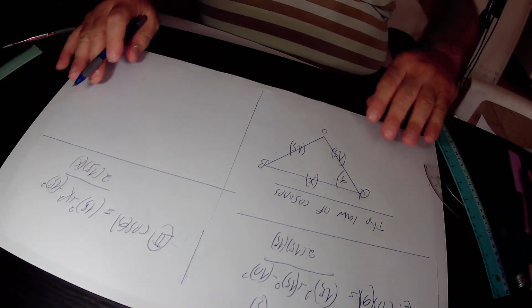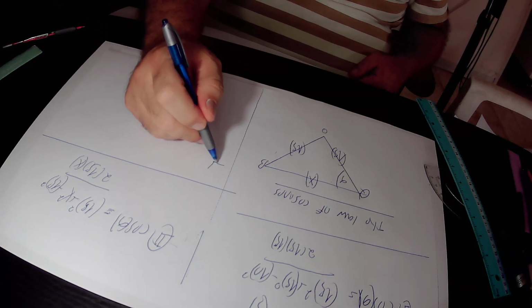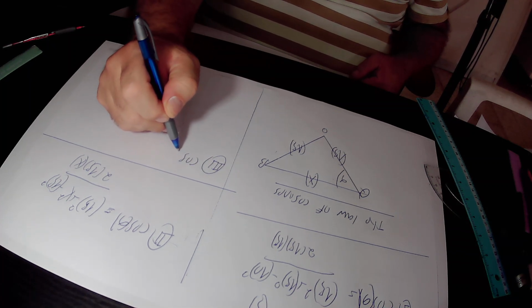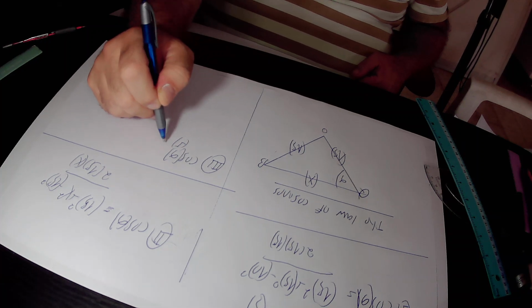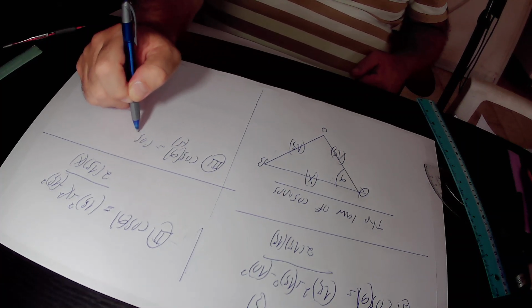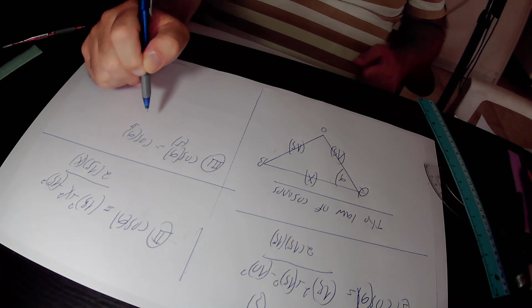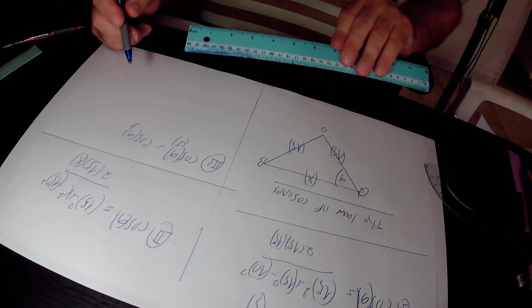So in the next step, we define equation 3 that says that cosine alpha according to equation 1 must be equal to cosine alpha according to equation 2. And again, according to equation 3, cosine alpha according to equation 1 equals cosine alpha according to equation 2.